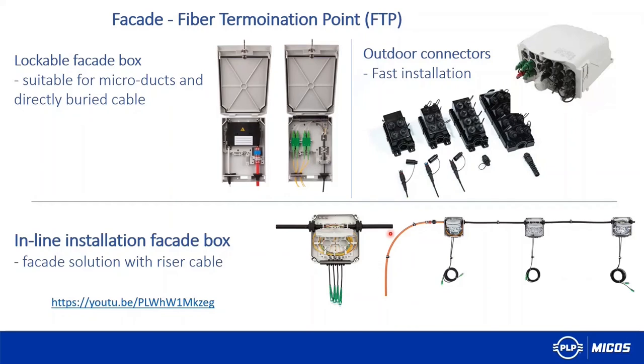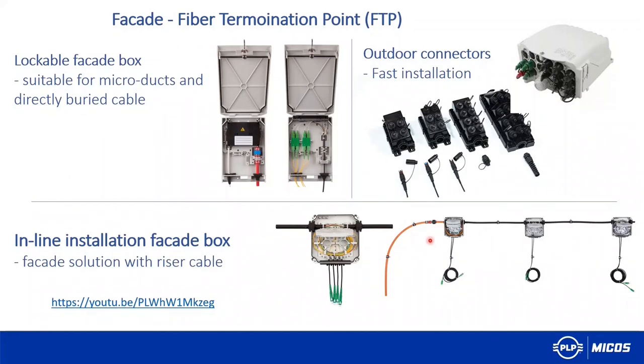Basically, you come from the underground network to the street, or from the aerial, doesn't matter, and you use standard cable or duct or whatever, and then you continue on the facade with the razor cable. The benefit of this solution is that you mount the cable first with no boxes, nothing like that. You just mount the cable from one side of the street to the other side of the street on the facade.